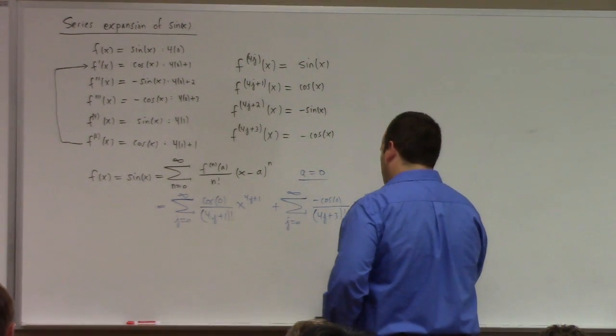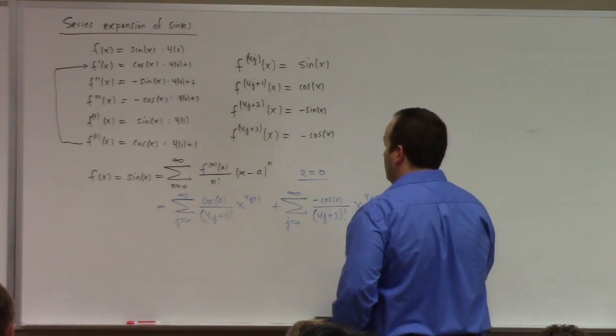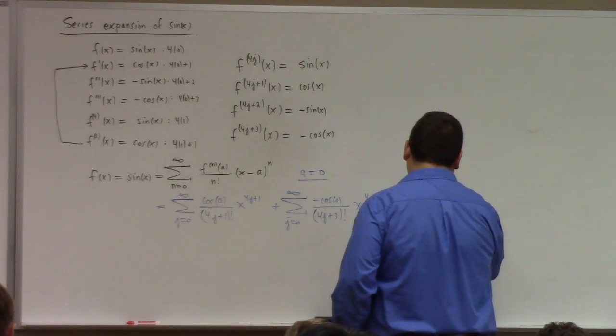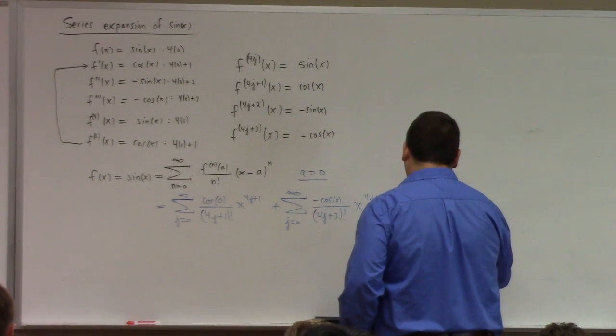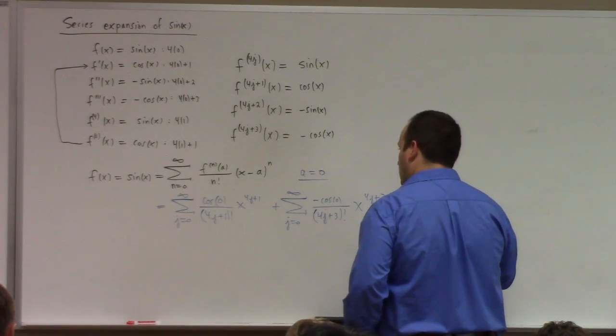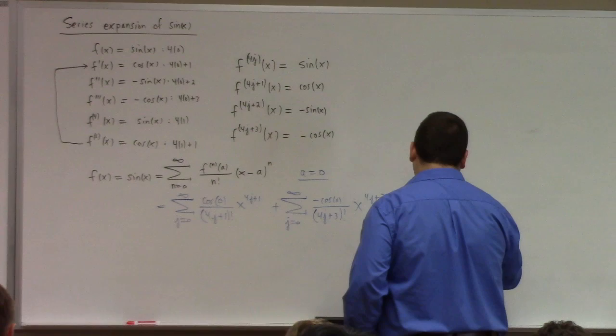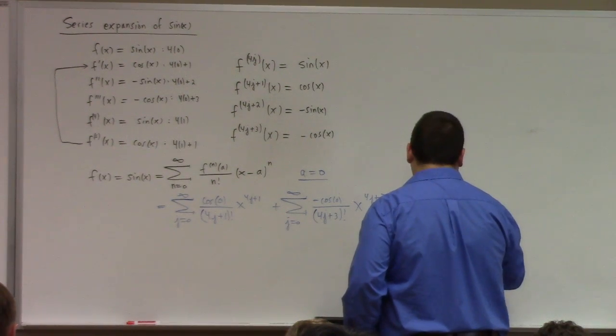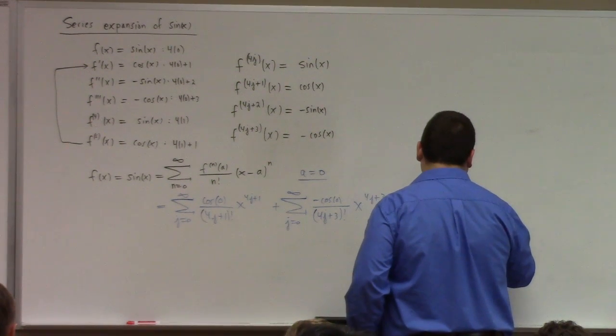And it just so happens that if you combine those terms, what you get is the sum k equals 0 to infinity of minus 1 to the power k over 2k plus 1 factorial times x to the 2k plus 1.